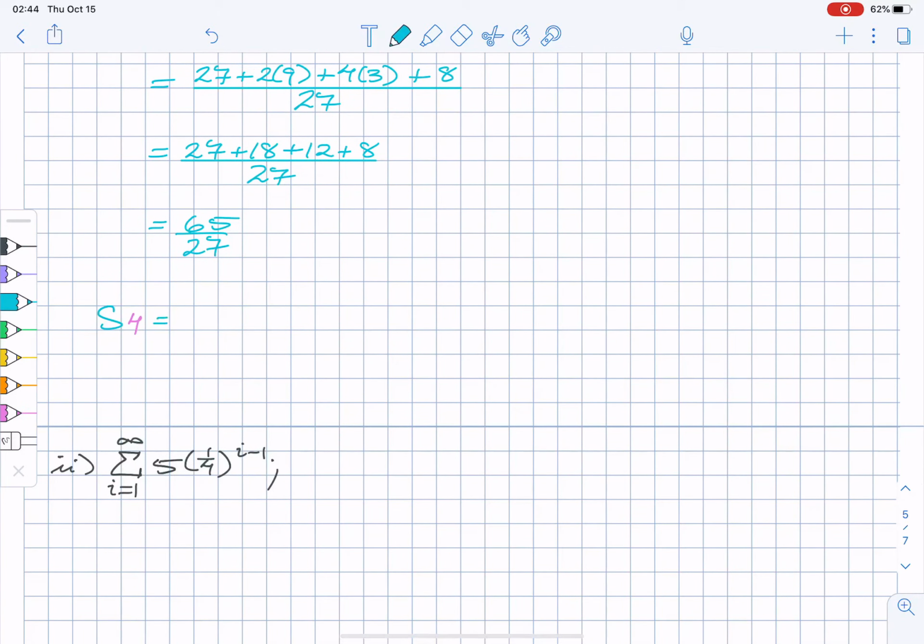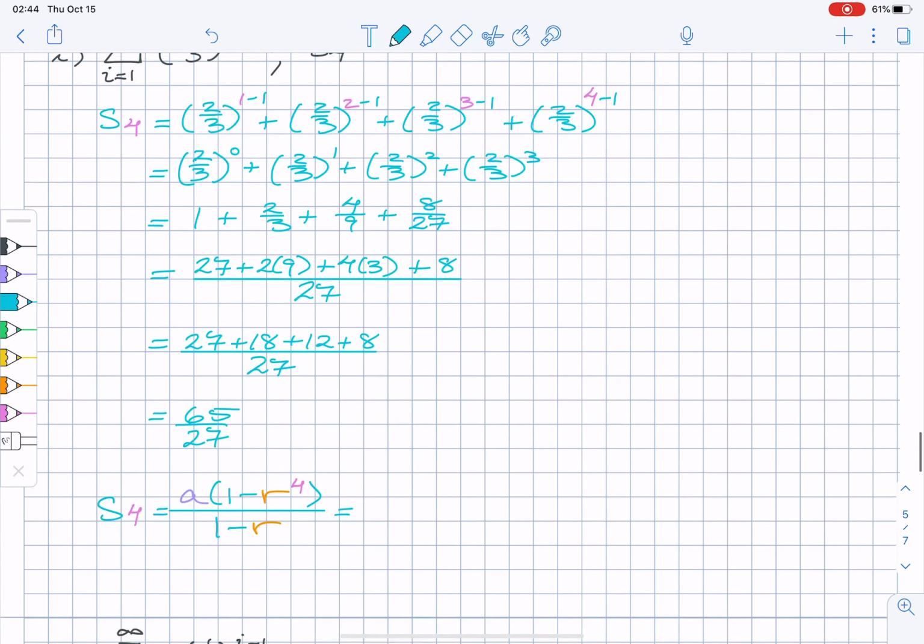S sub 4 should be A, which is the first term, times 1 minus R, the common ratio, to the n, rather, to the fourth, over 1 minus the common ratio. Okay, so I forgot to do it that way. Must be 2 in the morning. So what is A?